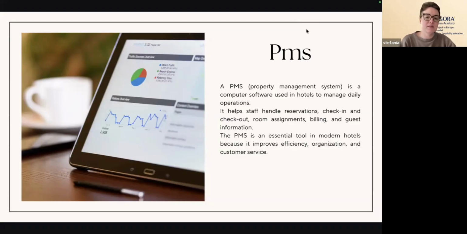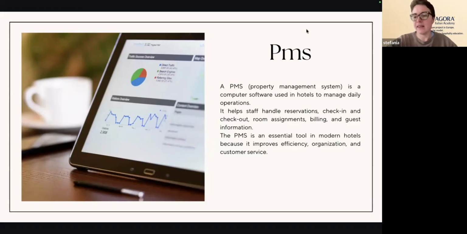So the PMS is essential today. There are a lot of PMS. If you look on the internet, international or national PMS, it depends also on the hotel budget, because there is a PMS costing like 2,000 euros per year, but also 30,000 euros per year, depending on the necessity of the hotel, how much information they want to have, and how complicated their type of operation is.